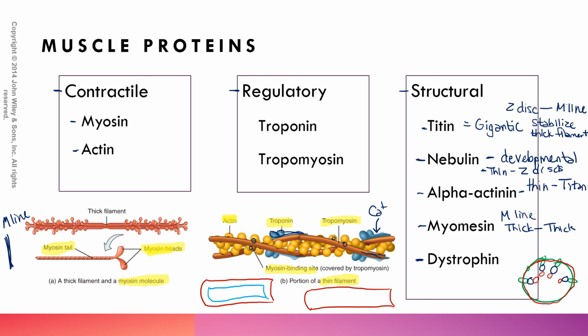Now, if we didn't have dystrophin connecting the sarcomere to the sarcolemma, the sarcomere would just kind of contract within the muscle cell and nothing would actually happen. So this would actually get smaller, it would contract, but as you can see, the muscle fiber stays the same size, nothing happens.